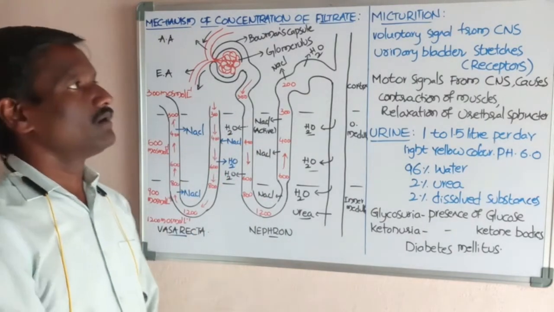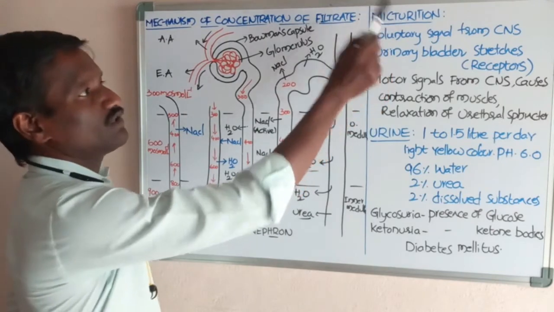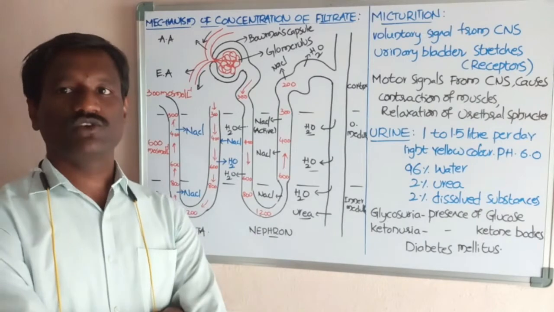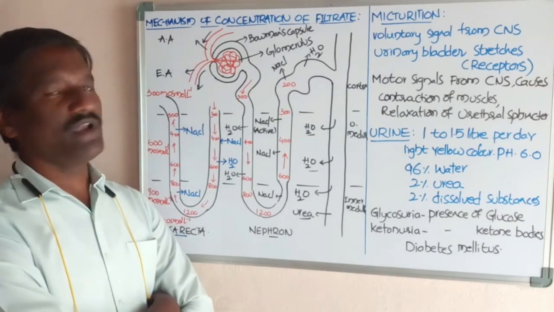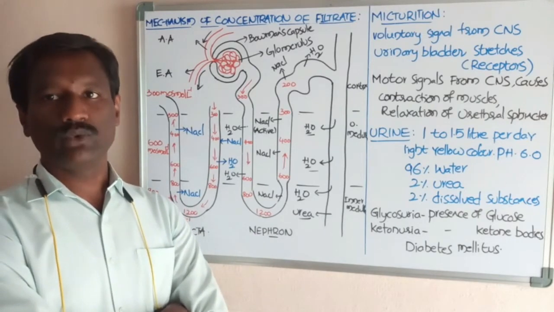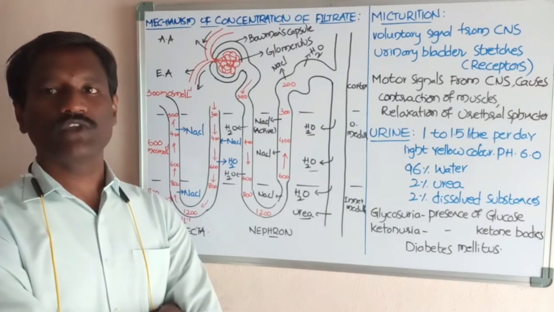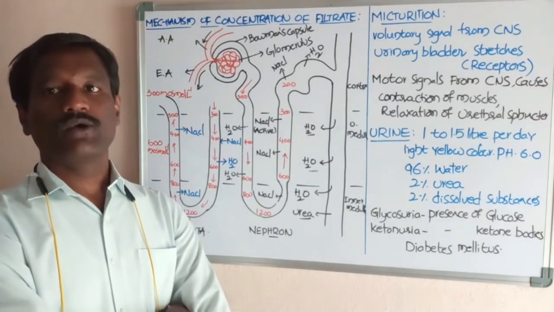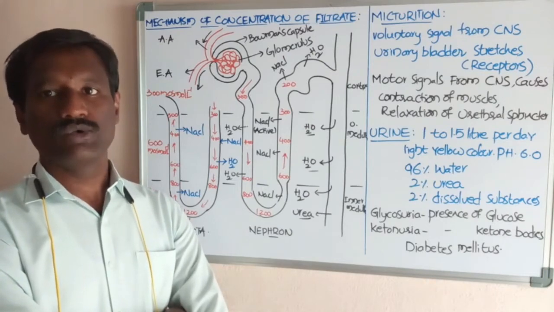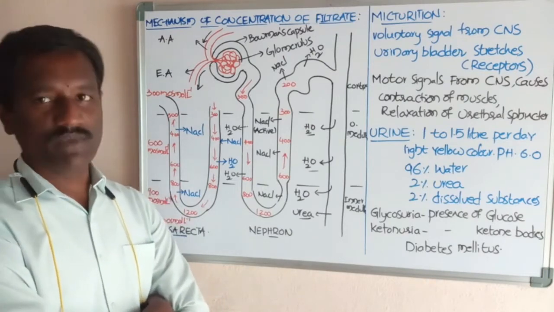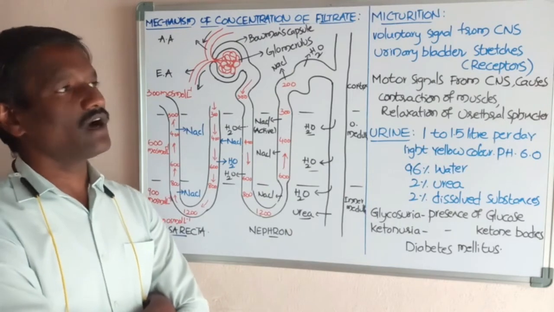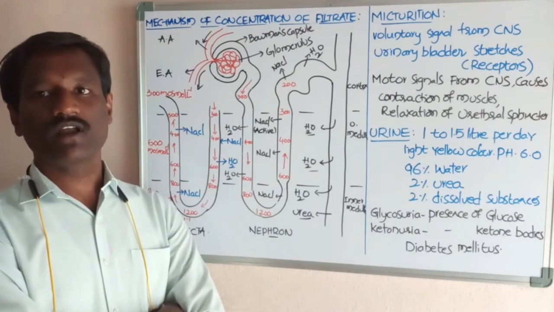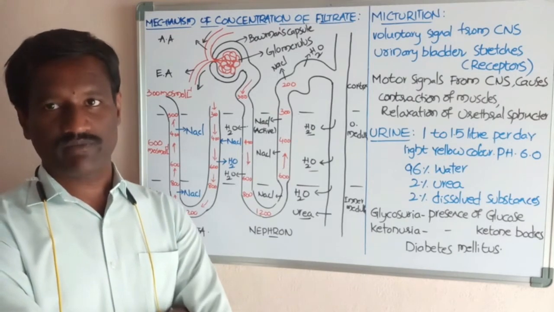And micturition. Micturition means passing out of the urine to the outside from the urinary bladder through the urethra. Micturition involves the central nervous system.